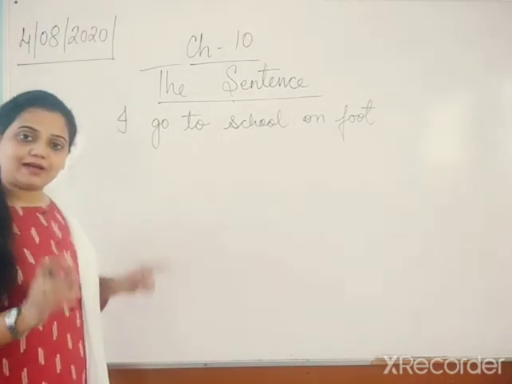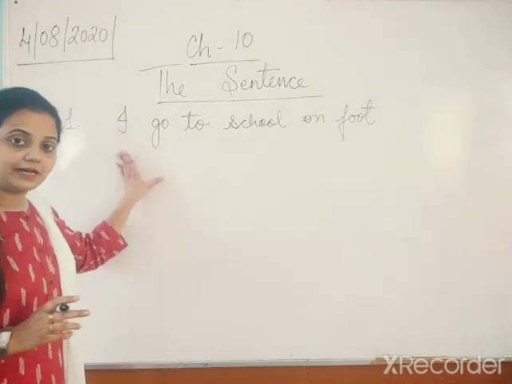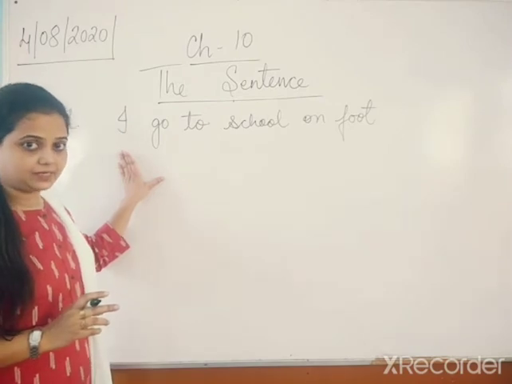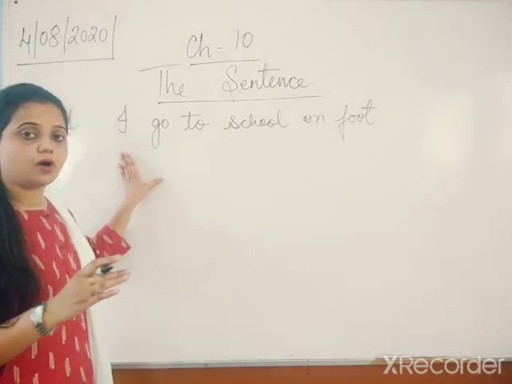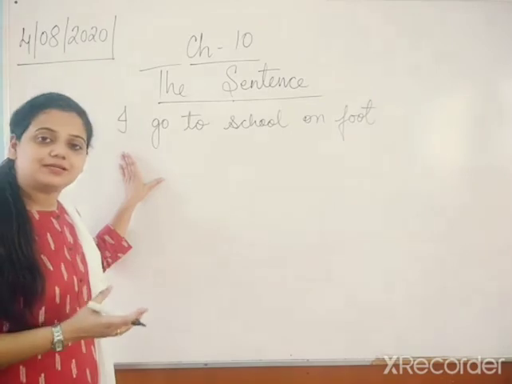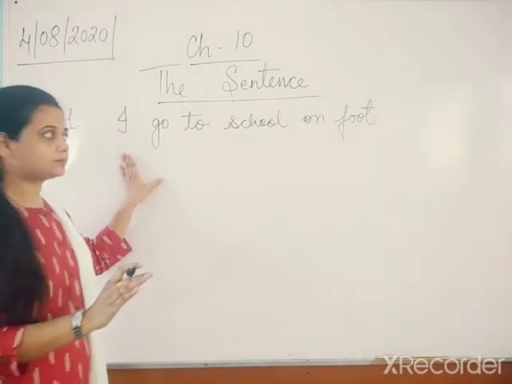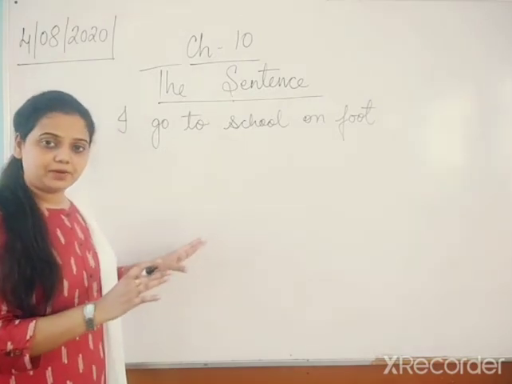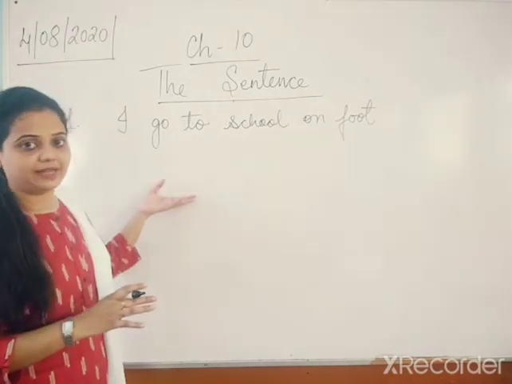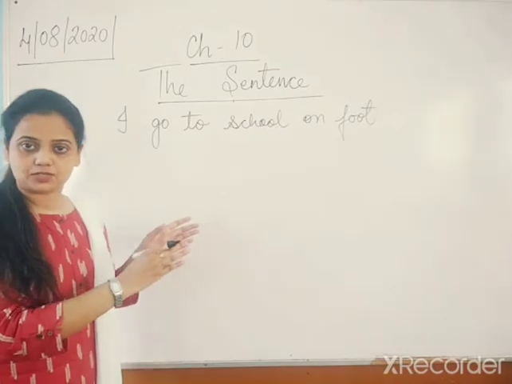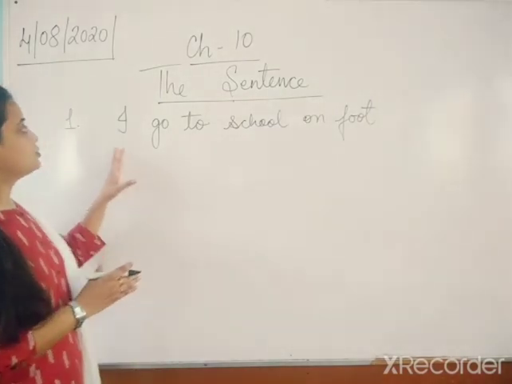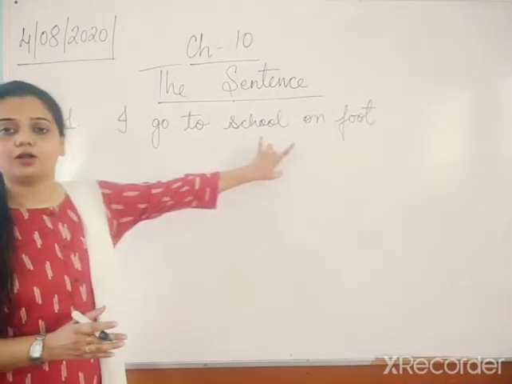Clear? So I have told you that every sentence contains a subject and a predicate. The subject is a noun or pronoun, a person or thing doing the action. What is said about the subject is your predicate, meaning the verb part, the action. Okay. So, I go to school on foot.